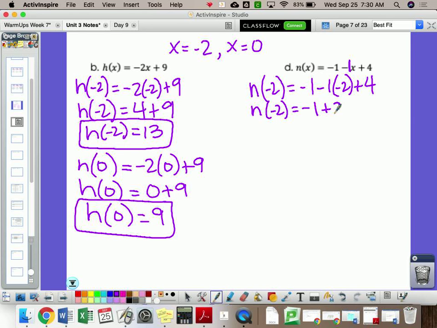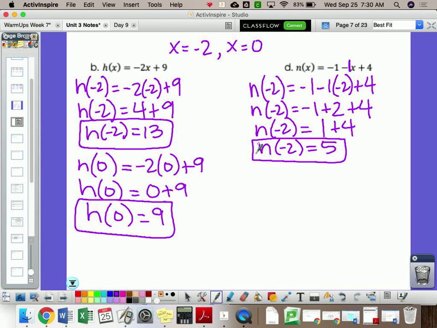So that would be a positive 2. And then I got negative 1 plus 2. Negative 1 plus 2 would be positive 1. And then positive 1 plus 4 would be a positive 5. So whenever I have the function of n, and x is negative 2, my function equals 5.